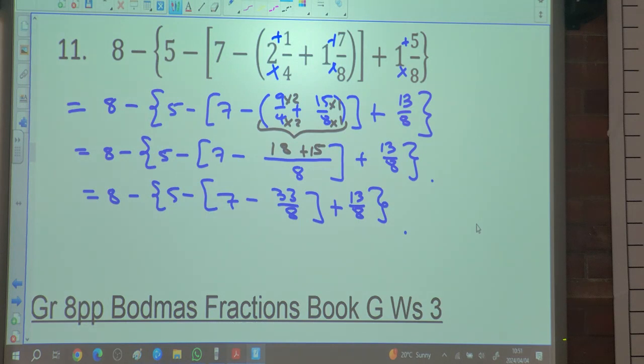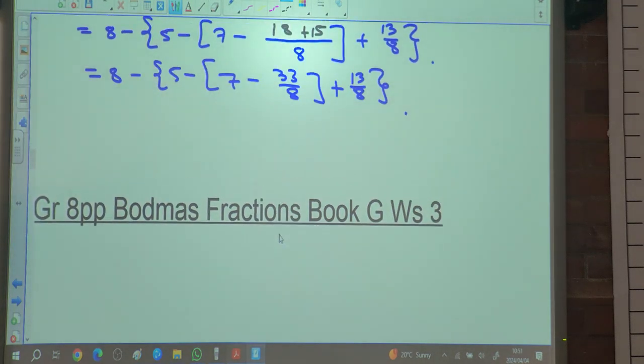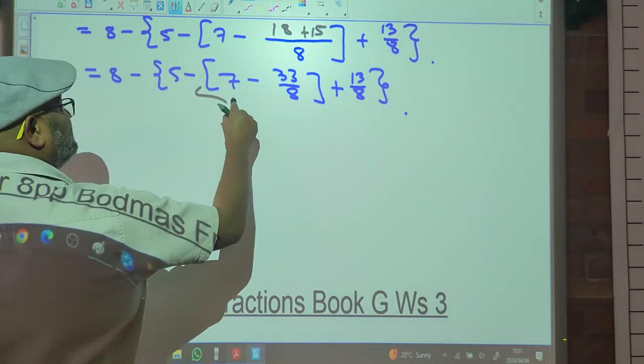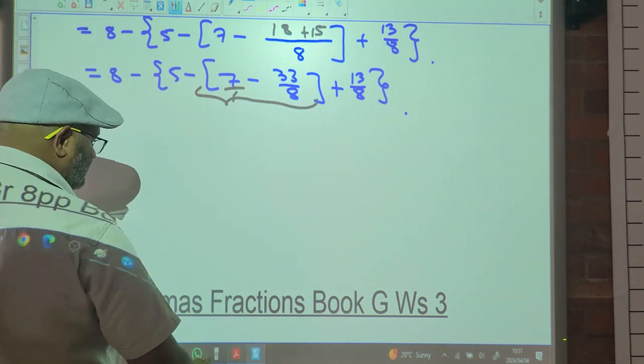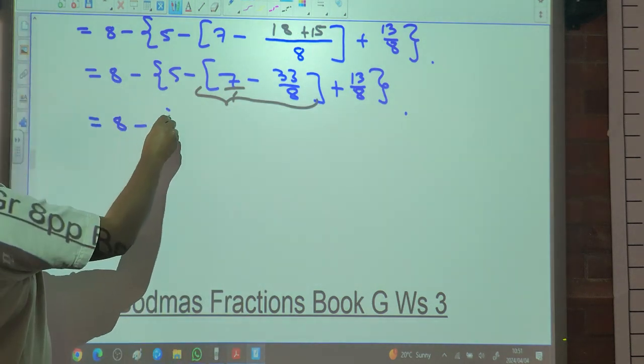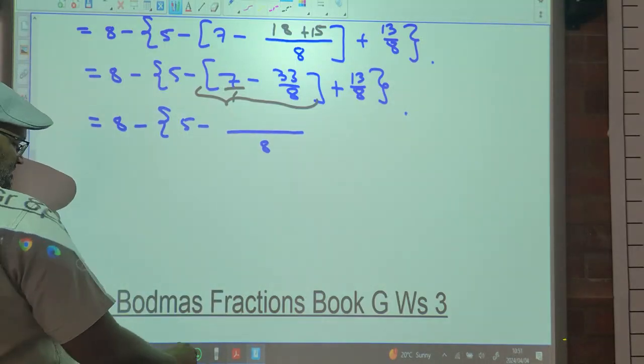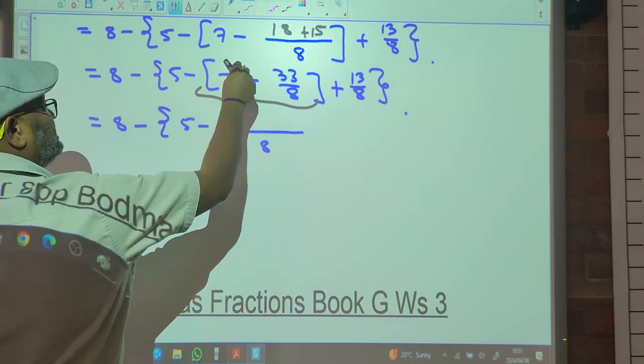So what do we do now? The block bracket, not so? Here, that's 7 over 1. What's your LCM there? 8. So 1 multiplied by 8, 7 multiplied by 8.